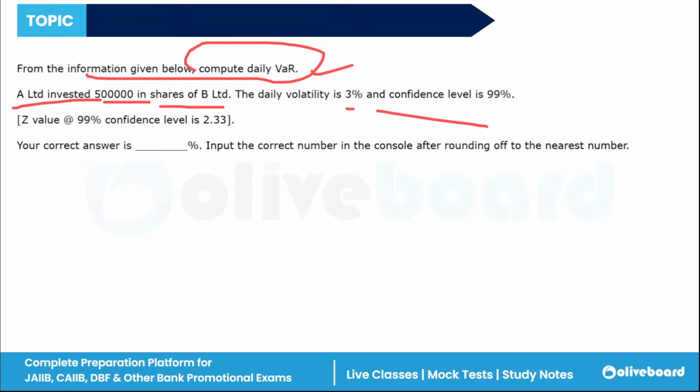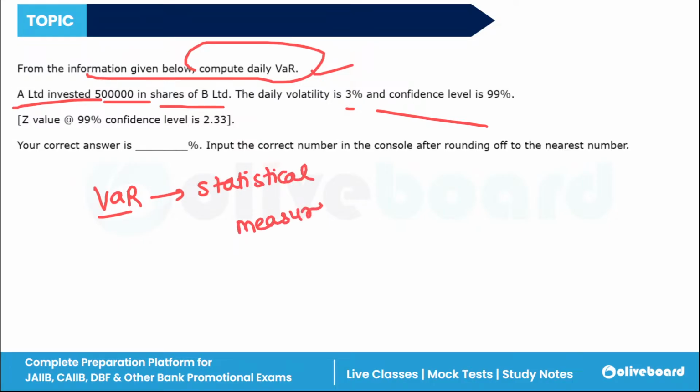See, here we know that value at risk is basically a statistical measure that indicates the worst possible scenarios, and it is one of the crucial tools that tells about the extreme loss situation, right?